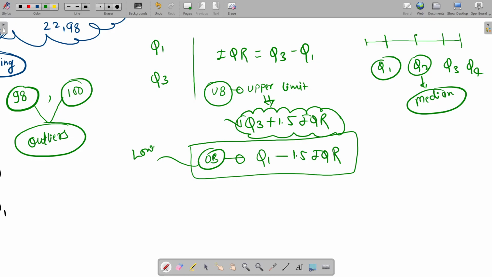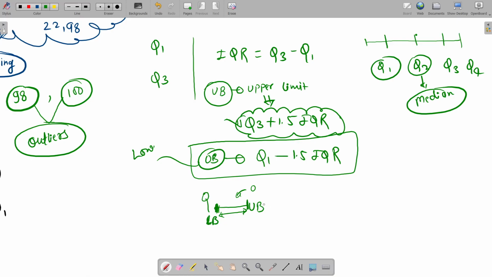Then we check whether the given data set lies between this upper bound and lower bound or not. If all our data points lie within the range of upper bound and lower bound, LB, then we say this data set has no outliers, zero outliers.